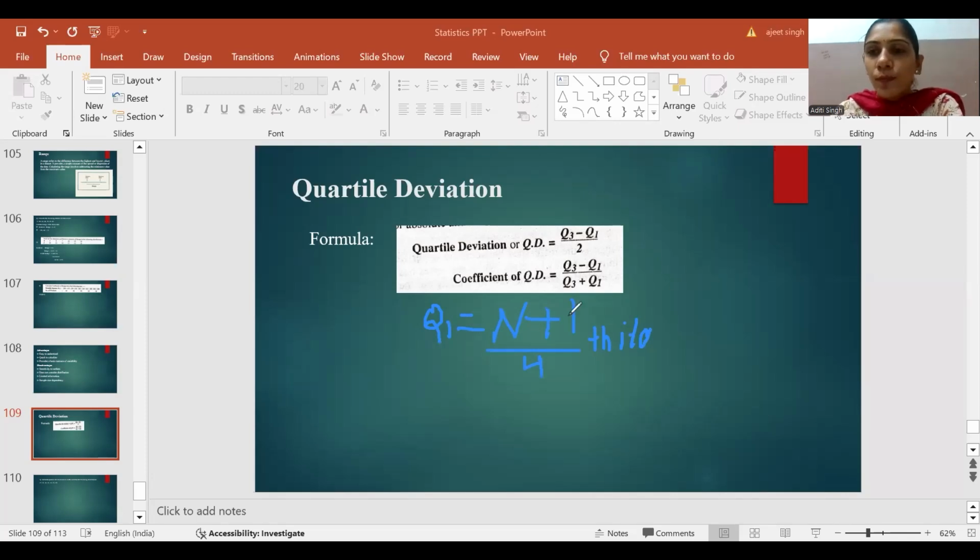Then we have to see which particular item in the given series it is.